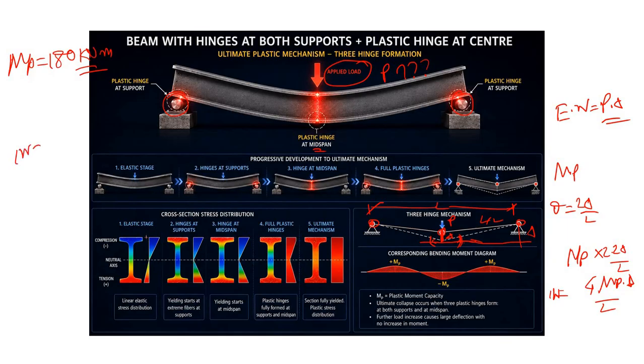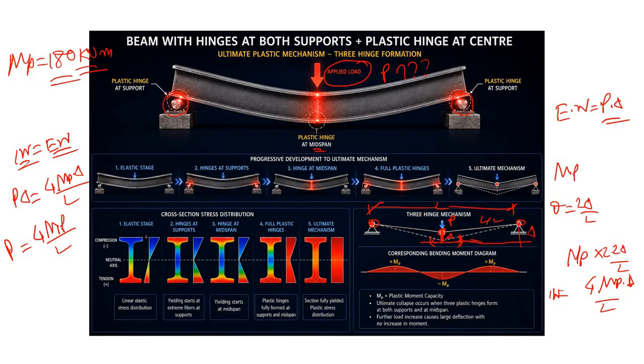Now IW should be EW, internal work should be equal to external work. So P delta should be equal to 4 MP delta by L, or we can say that P is 4 MP by L. MP is known to us, that is 180.